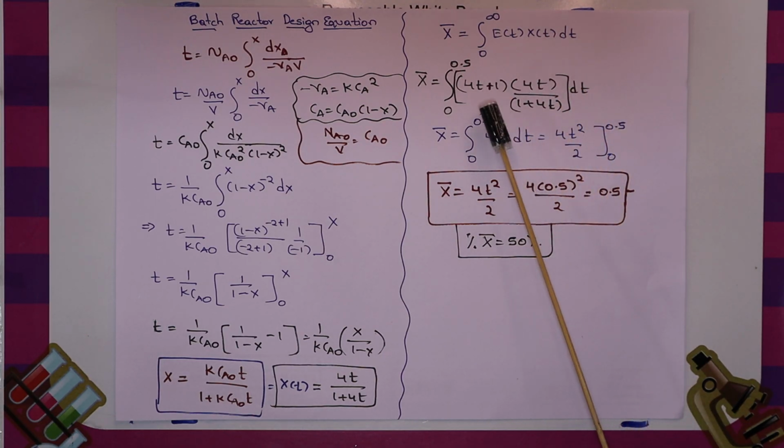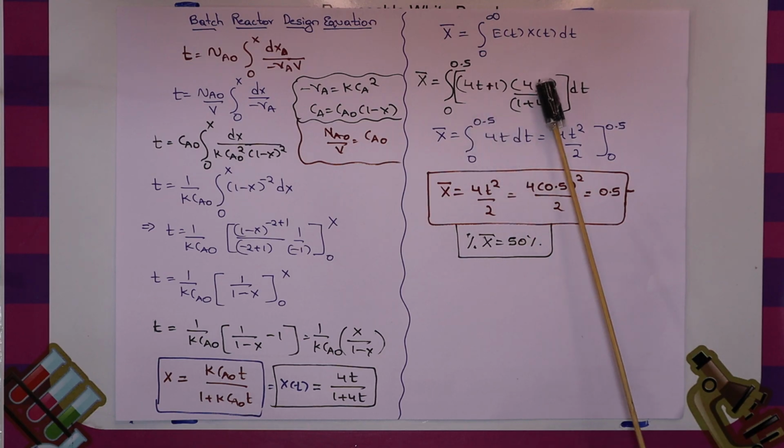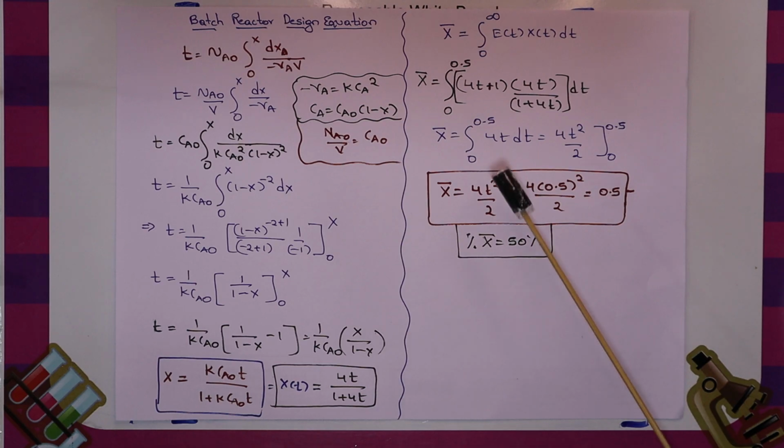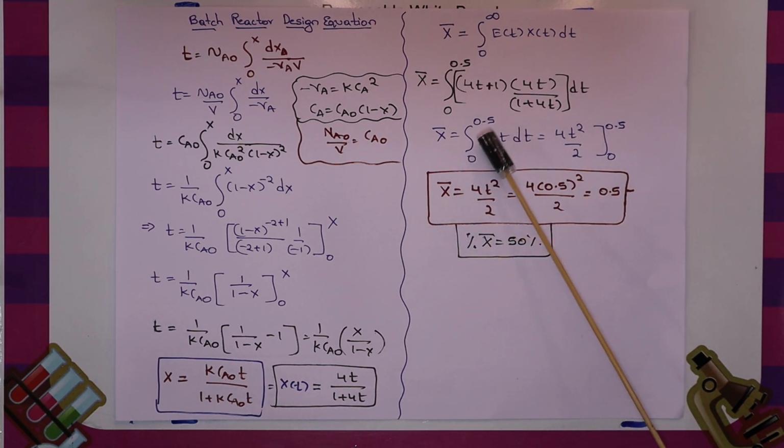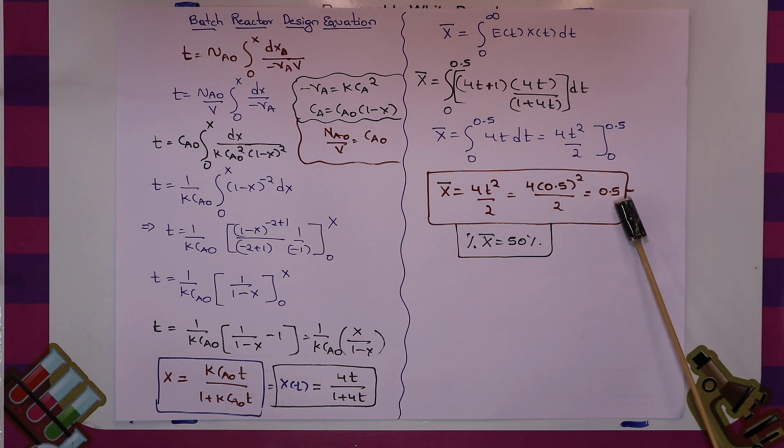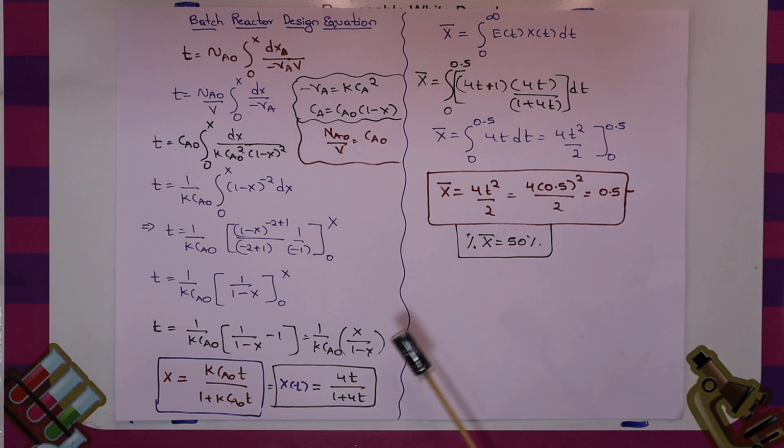E of t is 4t plus 1 and X of t is 4t by (1 plus 4t). Simply integrate, and you get the conversion from the reactor for the time 0 to 0.5 as 0.5, which is 50% conversion. That means from this reactor you can expect 50% conversion using the segregated flow model.